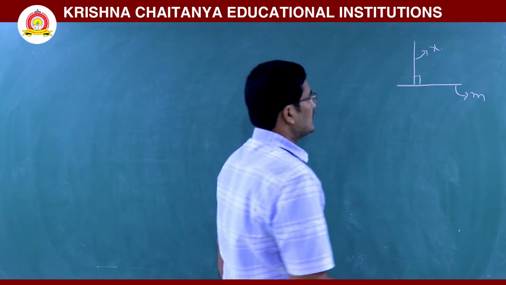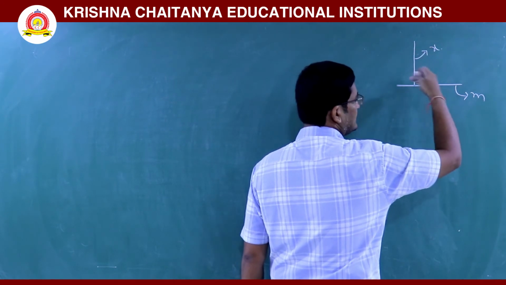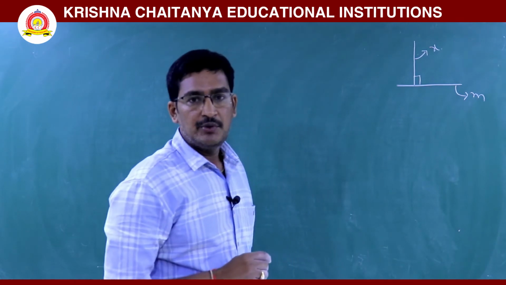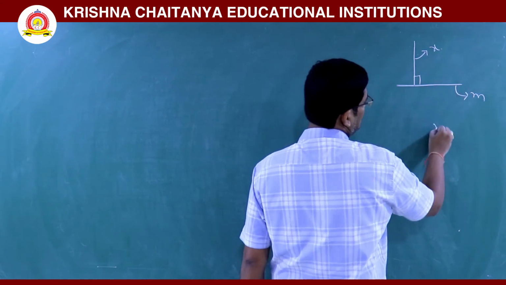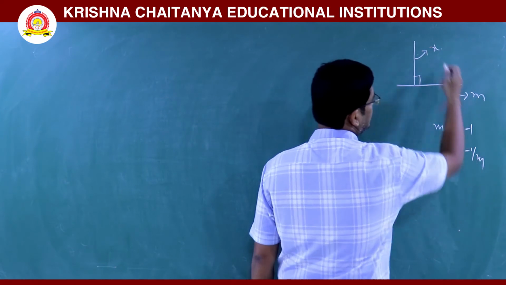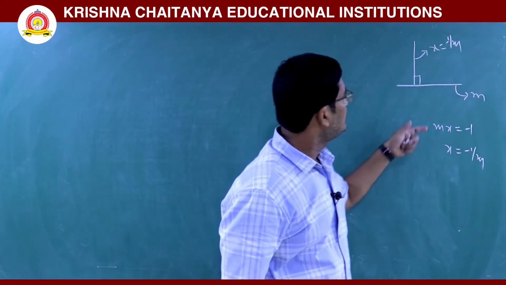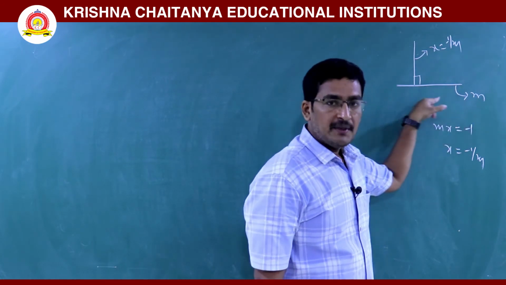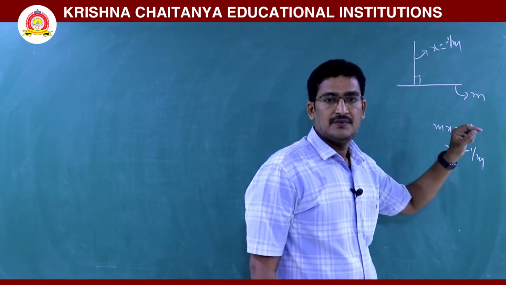So you know one concept here. This is the line and this is the line, both are perpendicular to each other. This one has slope m1, this one has slope m2. Then what is the relation between m1 and m2? m1 into m2 is equal to minus 1. So from that, m into x equals minus 1. Then x is equal to minus 1 by m. That means if the slope of the line is m, then the slope of the perpendicular line to that line is minus 1 by m.